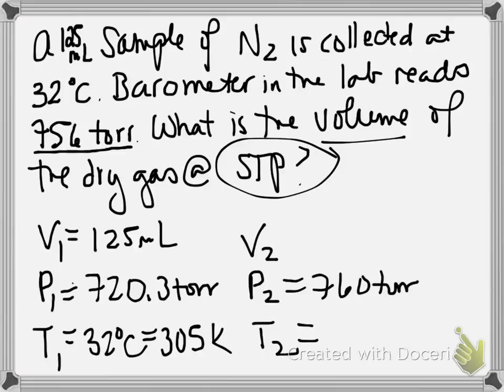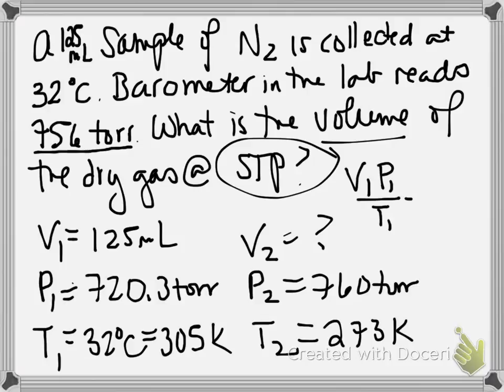What's standard temperature? 0 Celsius, 273 Kelvin. Okay, and that leaves us with everything we need. So now we just need to write down our formula. V1 P1 over T1 equals V2 P2 over T2. Let's do some rearranging to solve for V2.